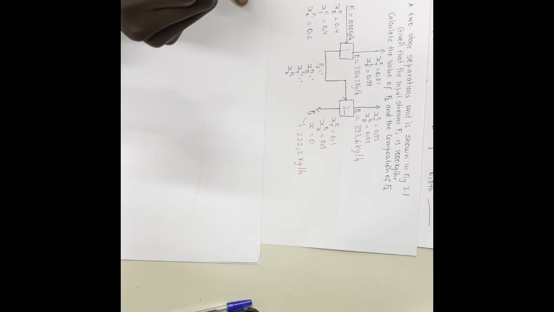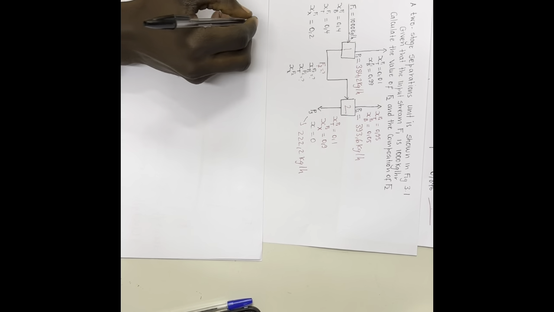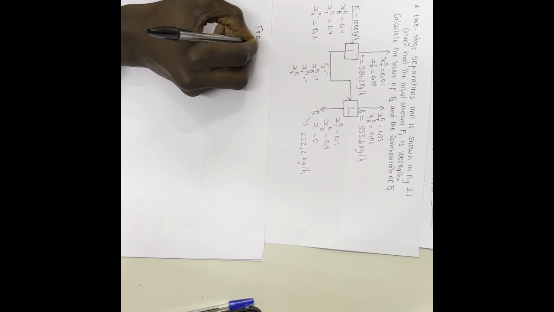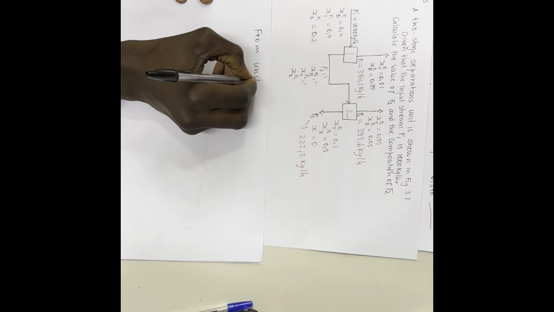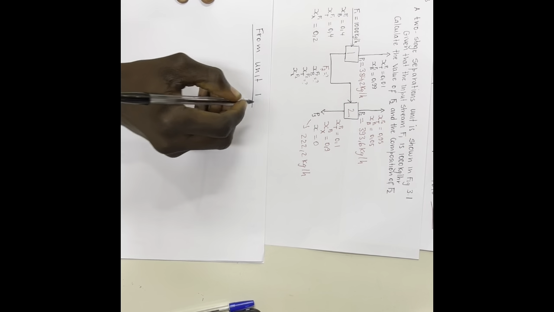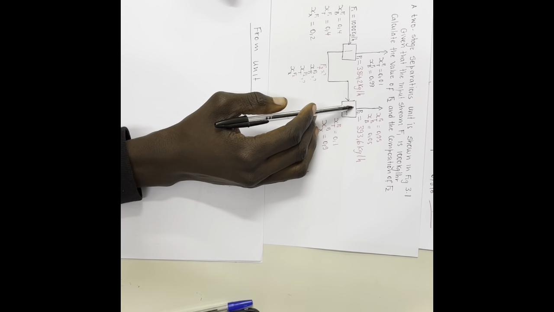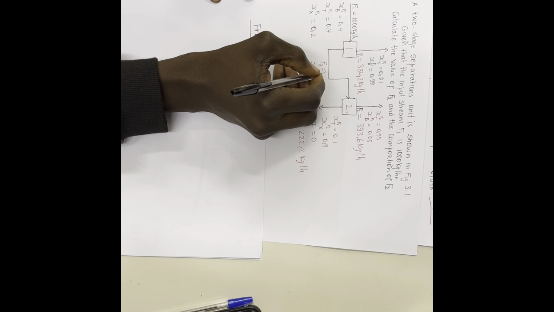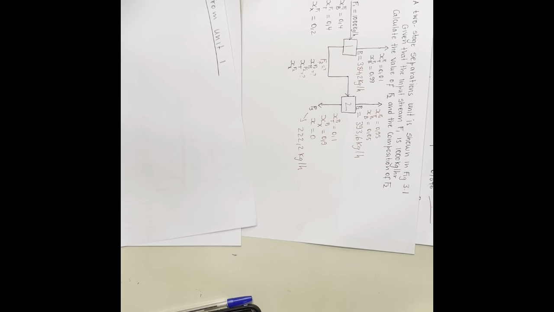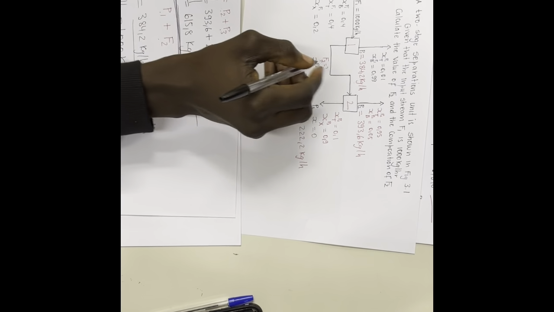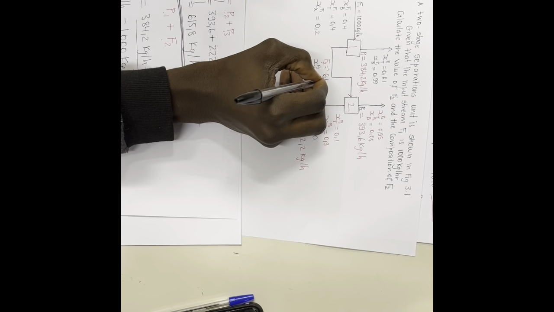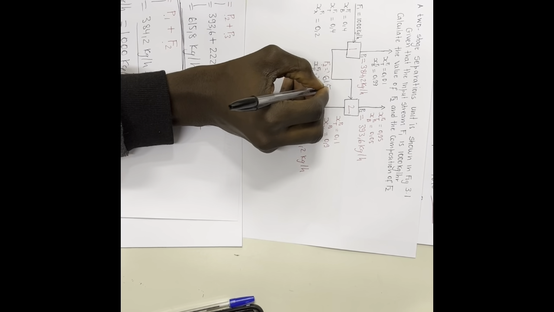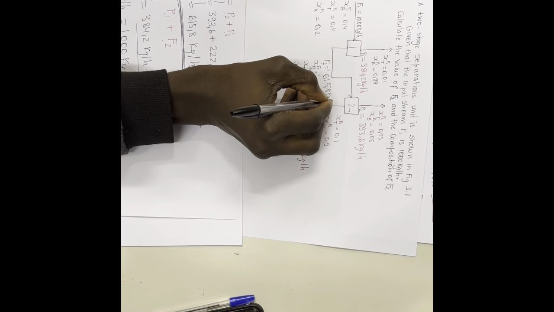So from unit 1, let me just use this. Guys, check. If you want, you can also say from unit 2 because we know already F2. The value of F2 from here is 615.2 kilogram per watt per hour. Now we know everything, so we can find out the component.